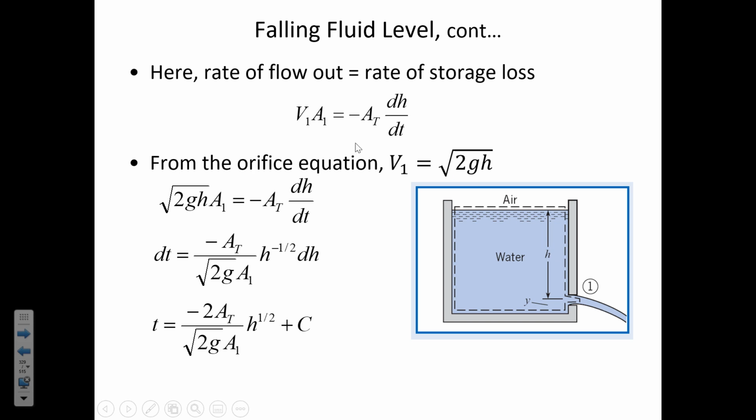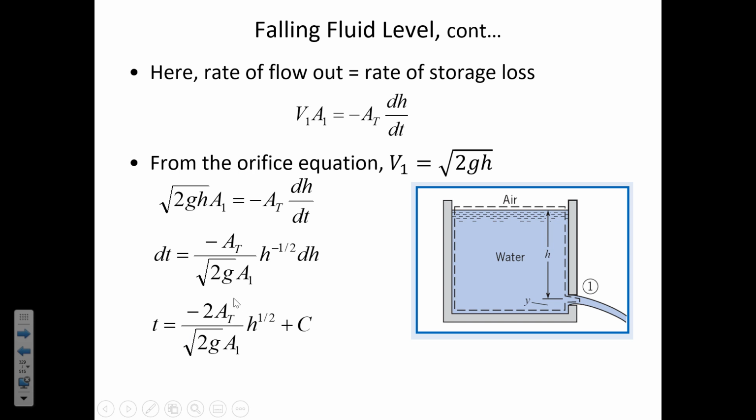If we substitute in our known orifice equation, square root of 2gh, to determine the velocity, and rearrange to solve for dt, which is what increment of time is required for the water to fall a certain height, then we can solve for that time.